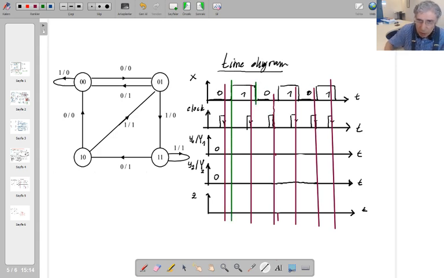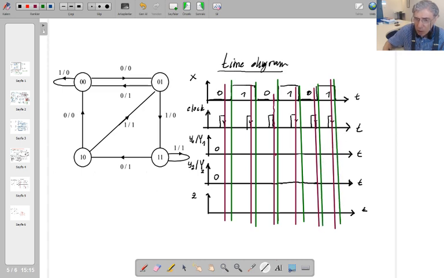Input change happens on this instant, another instant for the input change, this is another input change, another one here, and another one here.